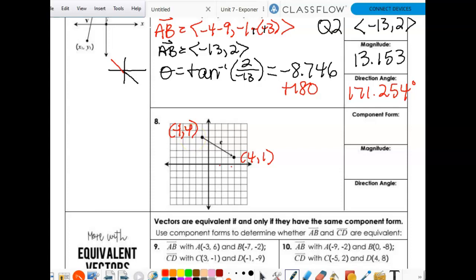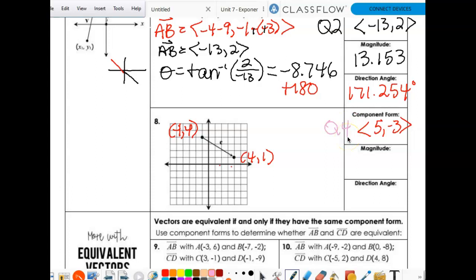And then we can find the magnitude, and then we can find the direction, correct? So the component form is <5, -3>. So if that's the component form, it's positive x, negative y. Which quadrant am I looking for? I'm looking for the fourth quadrant.